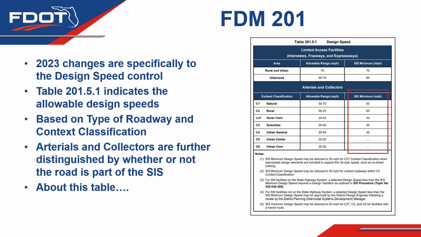So this table has changed a few times over the years, and this year we've changed it a little more. I'm going to talk about how that change was made, but recognize that this table has always been a little bit of a compromise, and when you look at the design speed ranges, you'll see that.